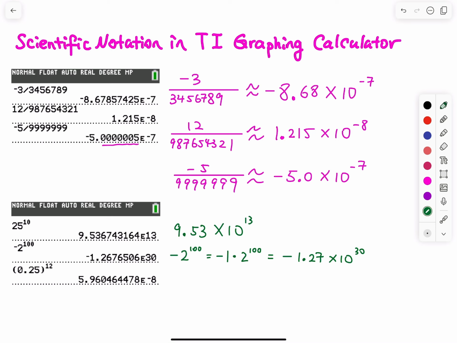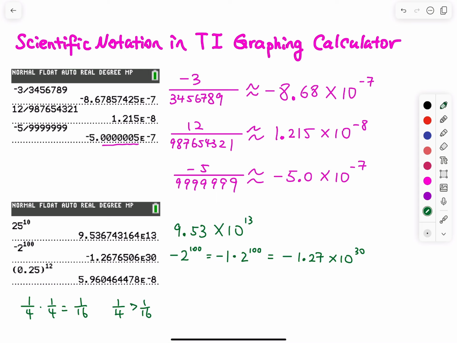Last one, 0.25 times itself 12 times. What is 0.25? 0.25 is 1/4. If you multiply it by itself one time, that is 1/16, right? So 1/4 is greater than 1/16. If you keep multiplying, the denominator is getting so big, and the numerator is just 1.